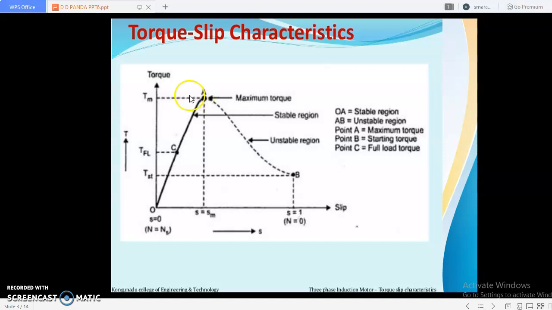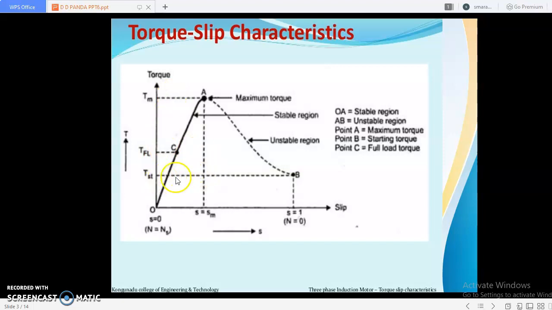Here maximum torque occurs, and at point B we can see the starting torque, and point C indicates the full load torque. We can conclude that in an induction motor there are three types of torques: starting torque, full load torque, and maximum torque.